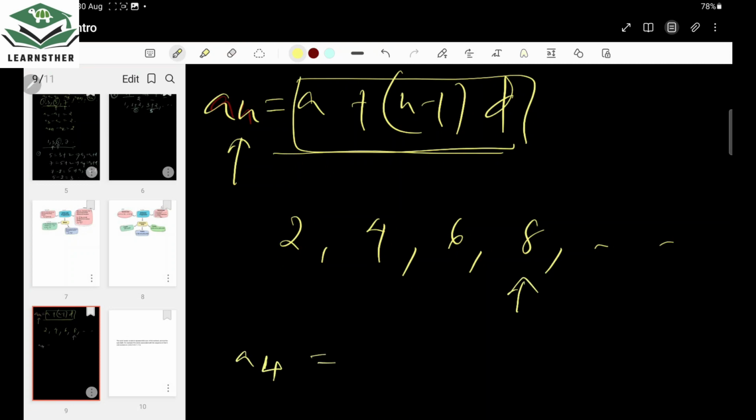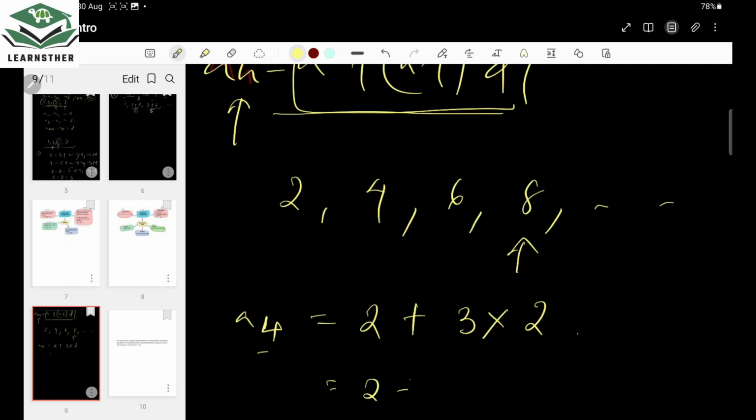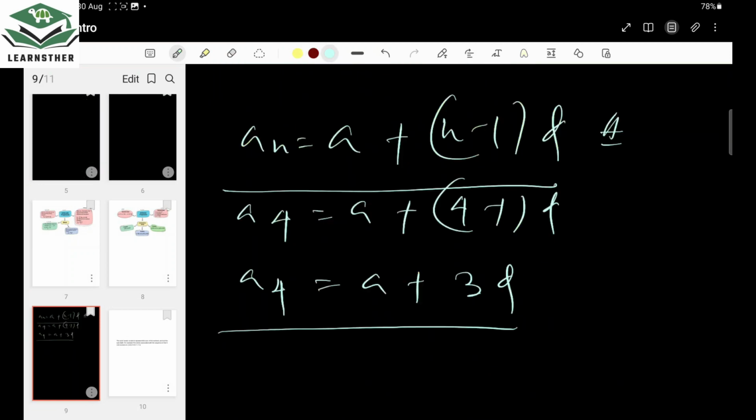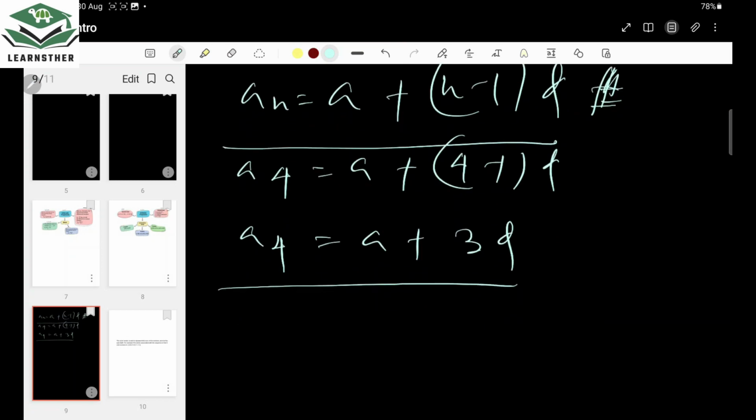So A4 is equal to a, which is your 2, plus n minus 1, that is 4 minus 1, 3, into d. 4 minus 2 is the common difference. So 2 plus 6. This is 8. This is your 4th term. 4th term is 8. Okay. So this is the formula for finding terms.